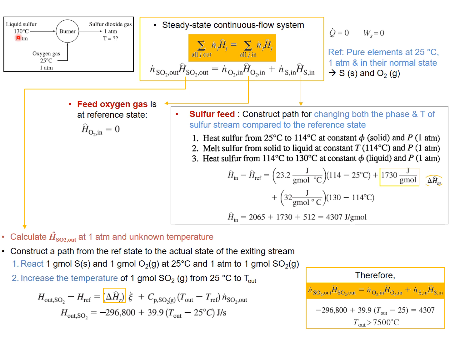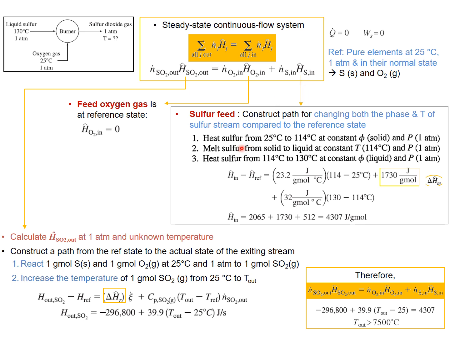In any case, we should go to 130 Celsius degree from 25 Celsius degree. We could think about 3 steps for the calculation pathway for the first stream, or the second term of the energy balance equation.